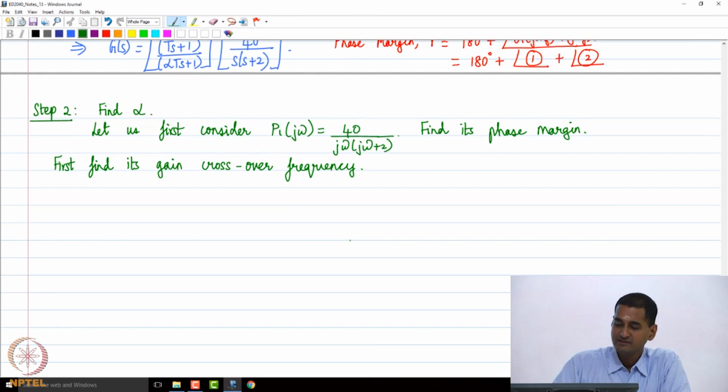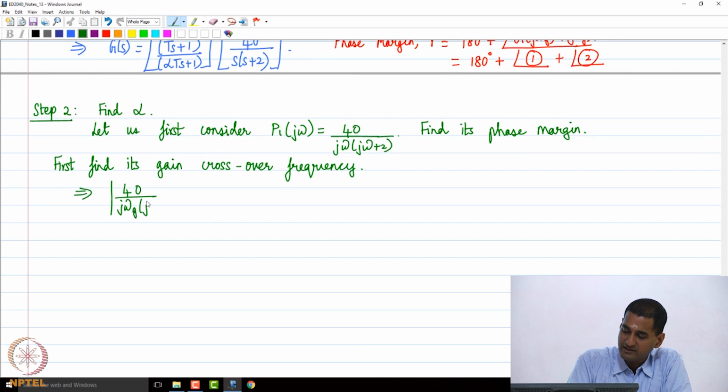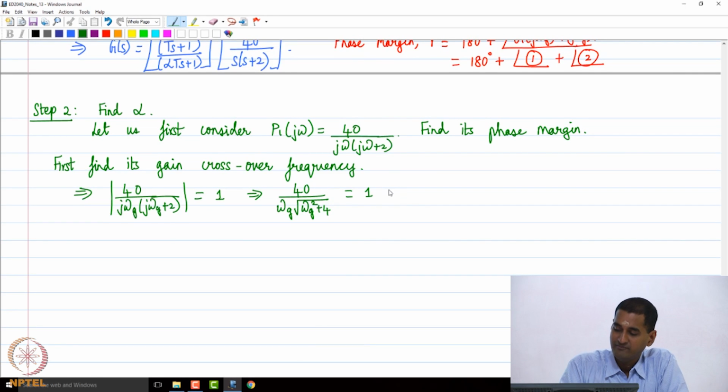So by definition, 40 divided by the magnitude of omega g times (j omega g + 2) should be 1, or in other words, 40 divided by omega g times the square root of (omega g squared plus 4) should be equal to 1.